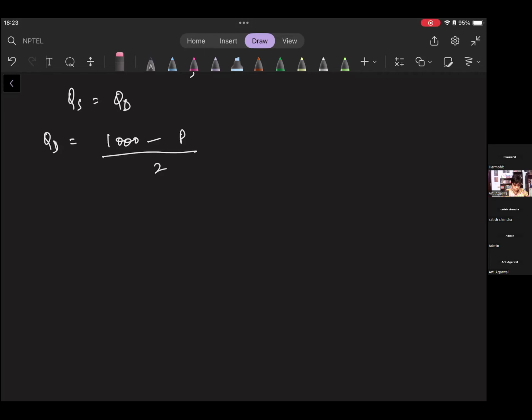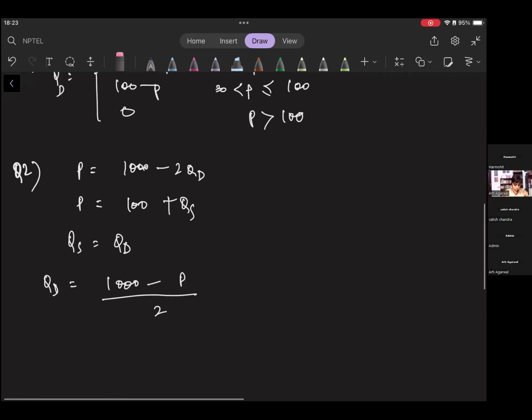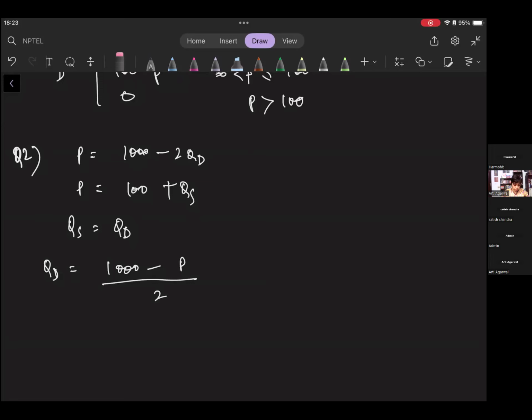Ma'am, you didn't need to divide it. Ma'am, couldn't we put it straight, 1000 minus 2QD, 2Q is equal to 100 plus Q? Yeah, you can do that. I mean, it should work out either way. You can equate price also, that is fine. But I think I was making some mistake. So this becomes 900.